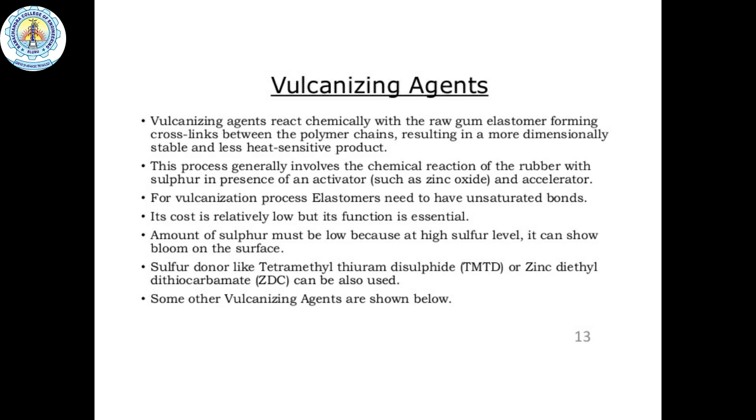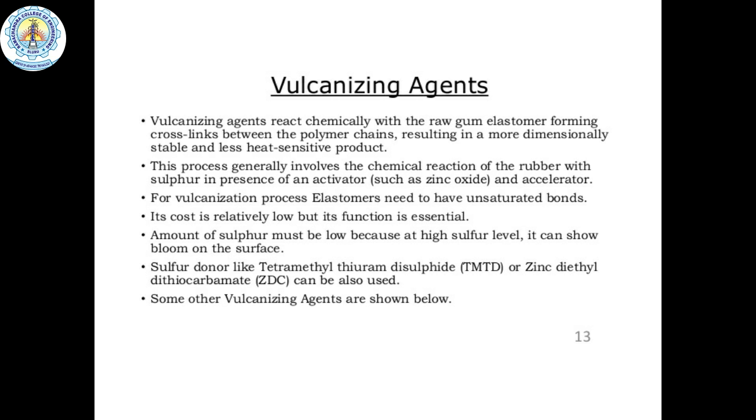Coming to the vulcanizing agent. Vulcanizing agents react chemically with the raw gum elastomer, forming cross-links between the polymer chains, resulting in a more dimensionally stable and less heat-sensitive product. This process generally involves the chemical reaction of the rubber with sulfur in the presence of an activator or accelerator.